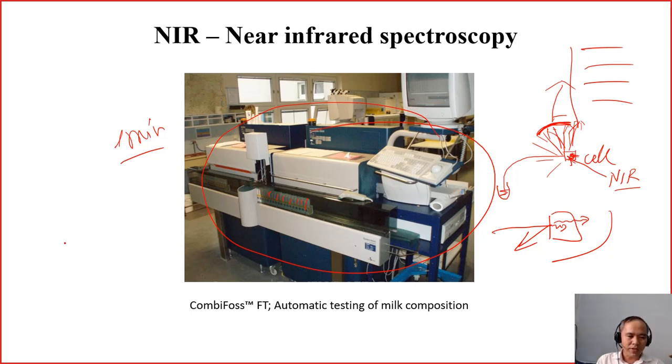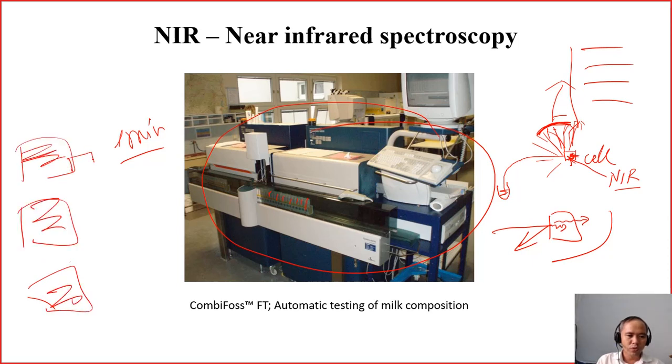So for example, in developed countries, there are large farms, and at the farm they have a cooling tank. This is a cooling tank where they store fresh milk, and then the company, the buyer, will send the cooling truck. This is a truck with a cooling system.